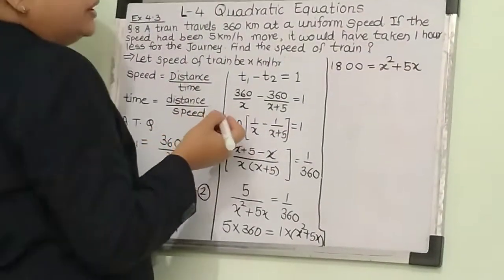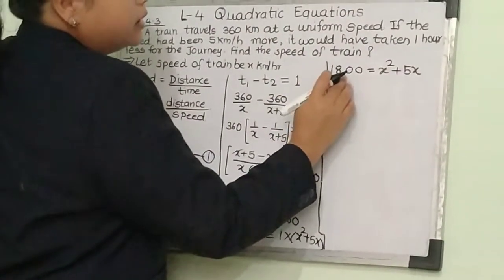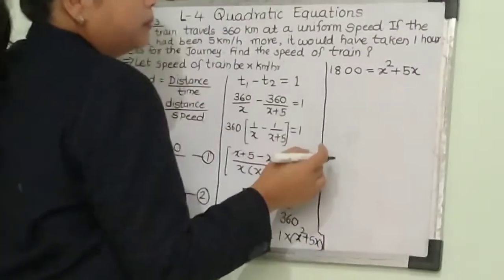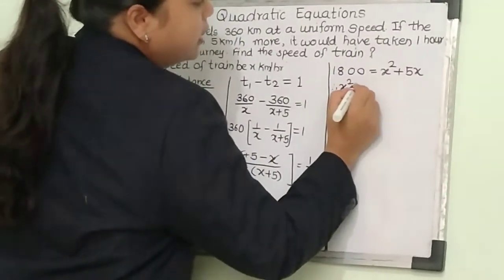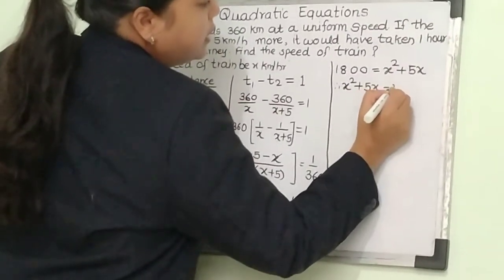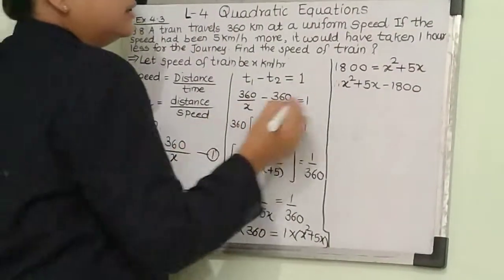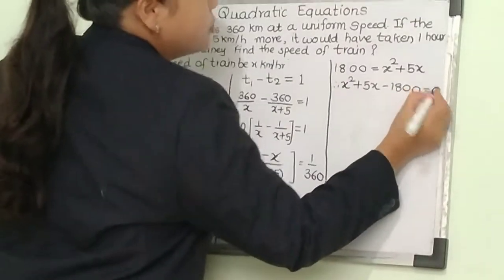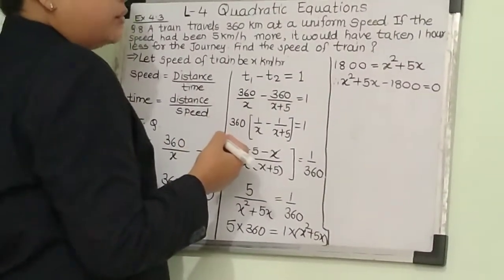Now we make a quadratic equation. 1800 will go to this side and become minus. So we get x square plus 5x minus 1800 equals 0. Here is the quadratic equation form.